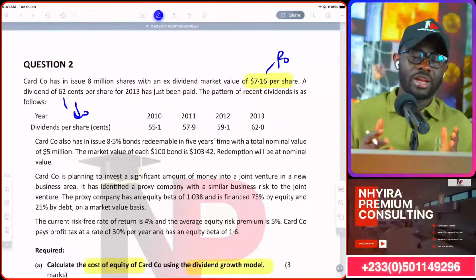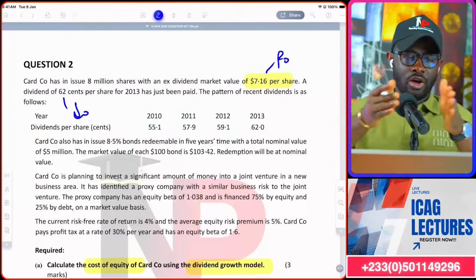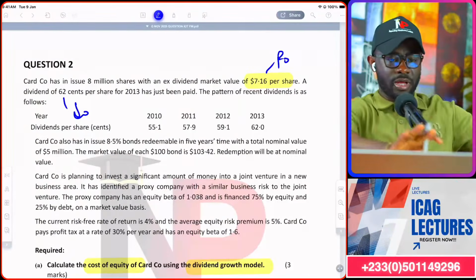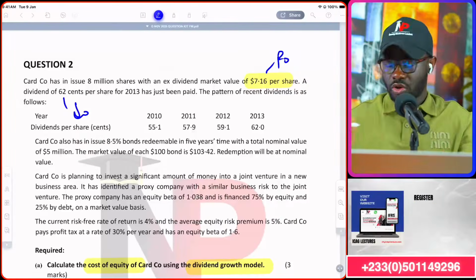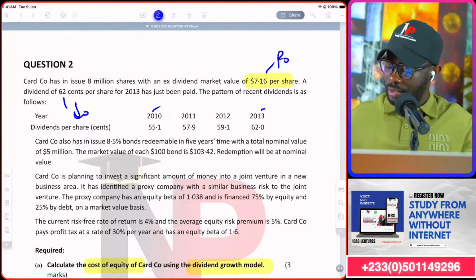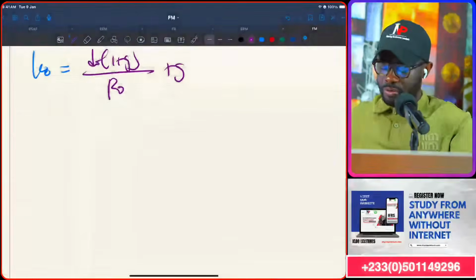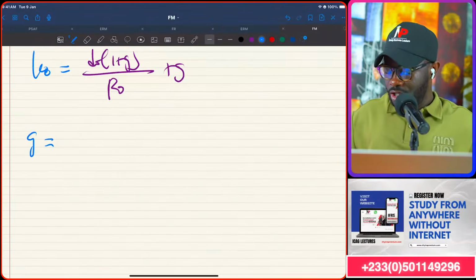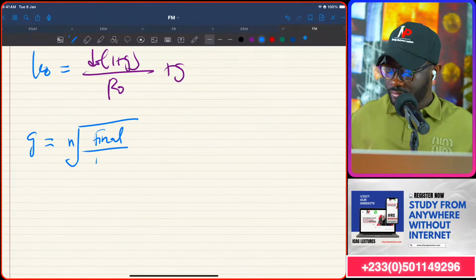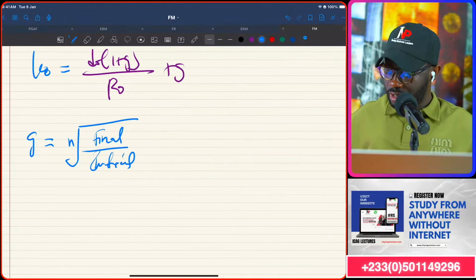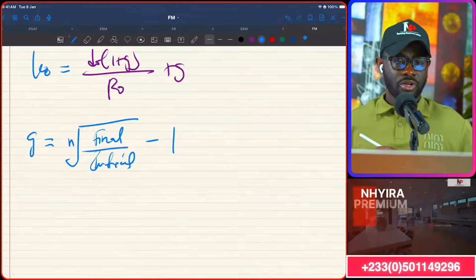We remember that when it comes to the dividend growth approach, we can use the Gordon approximation method or the historic method. From the presentation here, we are given the dividend over the period 2010 up until 2013. So first, what we would do is to get our g. The g is going to be the nth root of the final divided by the initial, minus 1.